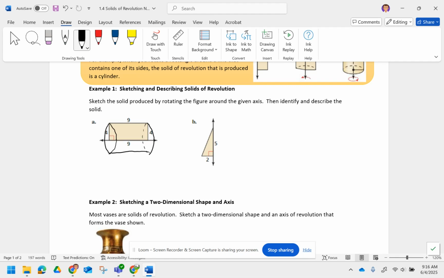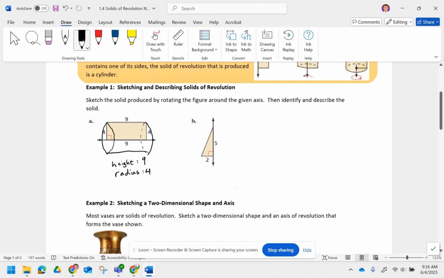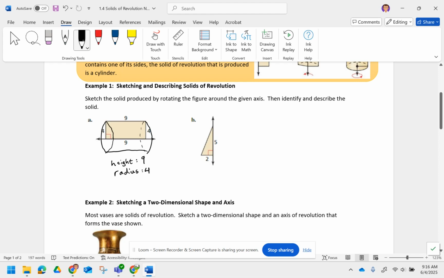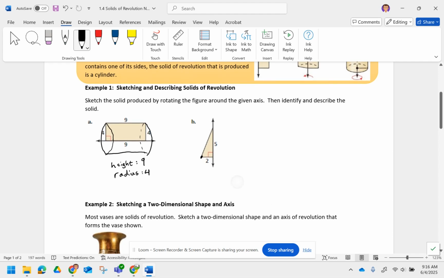So this is a cylinder that has height of 9 and a radius of 4. Okay, so now let's rotate this figure. As it turns out, we've only got one little vertex that's not directly on the line.